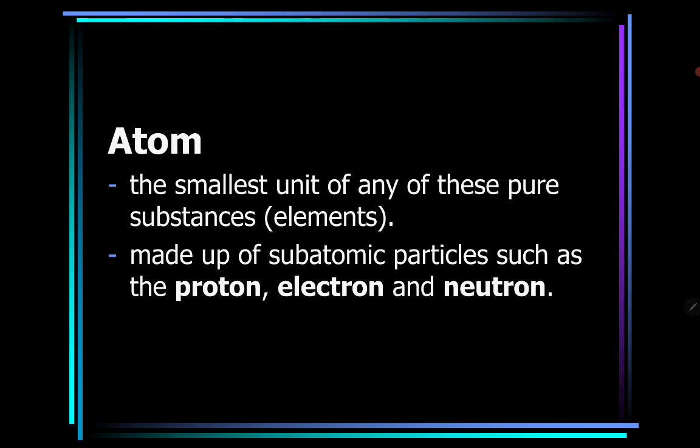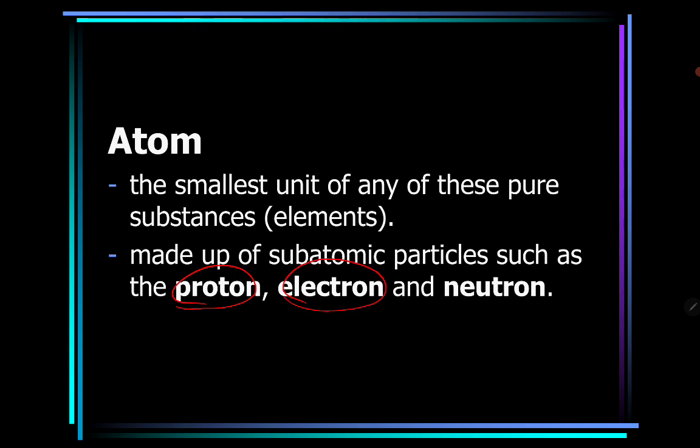So what is meant by atom? When we say atom, this is the smallest unit of any of these pure substances or elements. And it is made up of subatomic particles such as the proton. This is a subatomic particle found in the nucleus of every atom. The particle has a positive electrical charge equal and opposite to that of the electron.